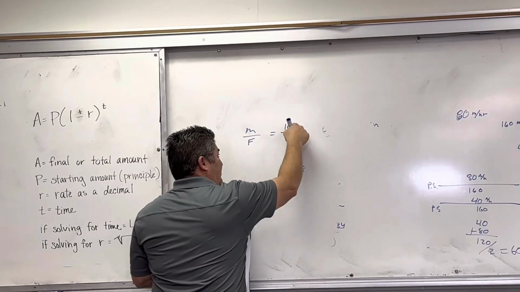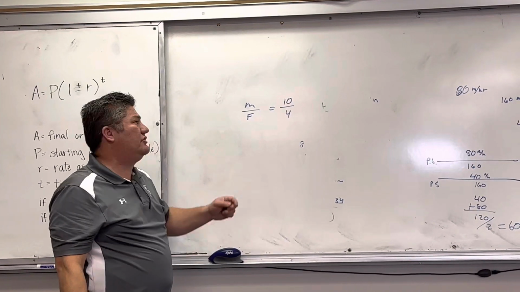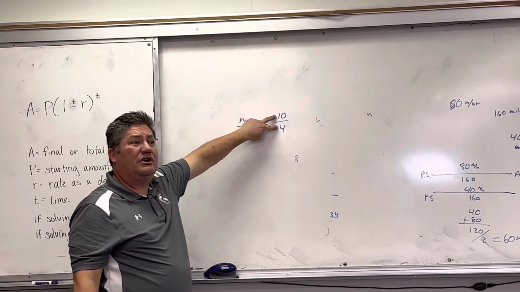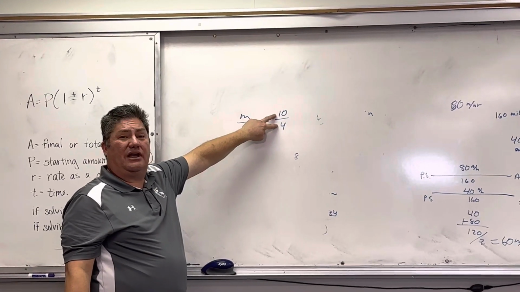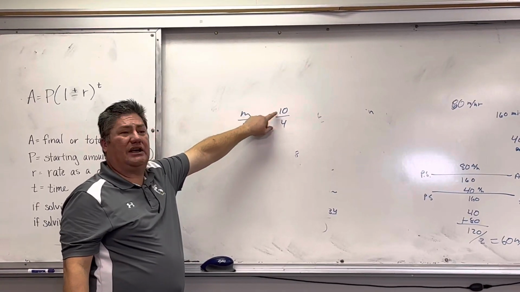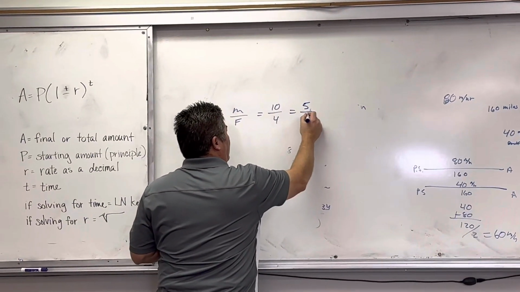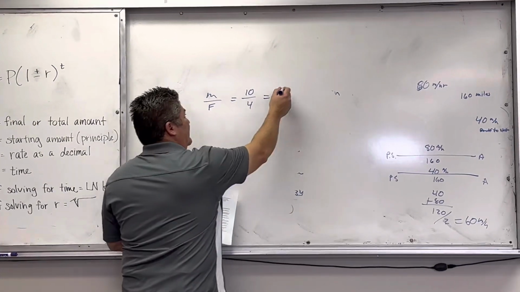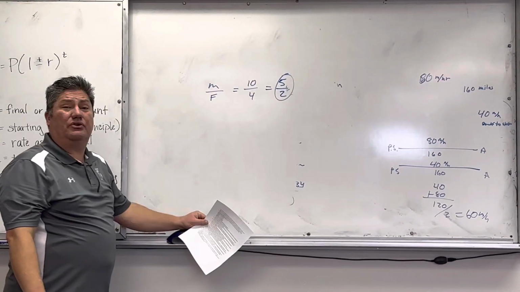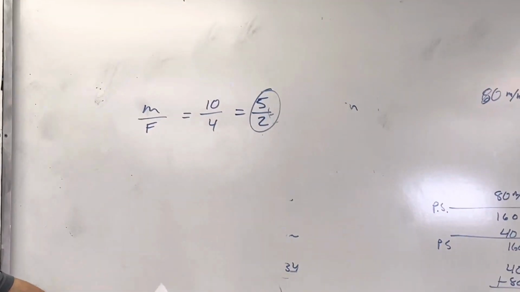So for every 10 males, we have 4 females. But that isn't the reduced ratio. The reduced ratio is when I reduce both of those. What number goes into both 10 and 4? 2. So 2 into 10 goes 5 times, and 2 into 4 goes 2. So 5 to 2 is the reduced ratio of male to female.